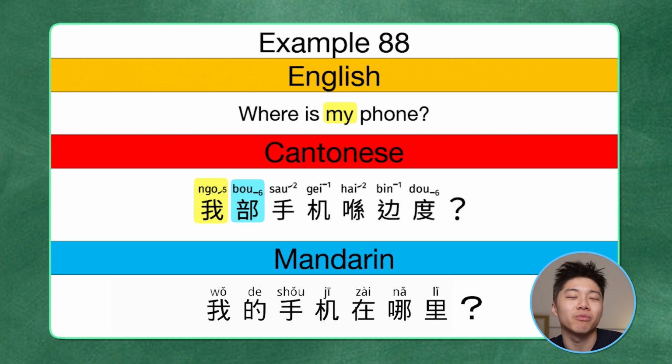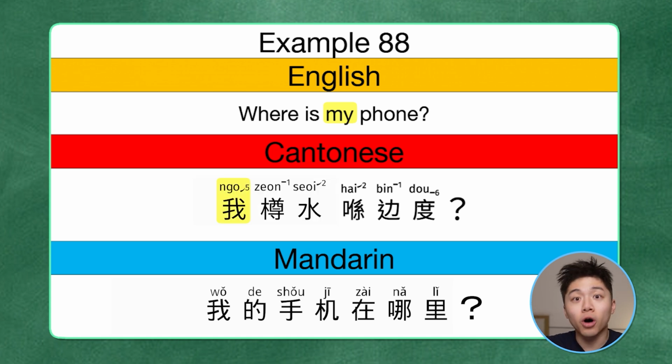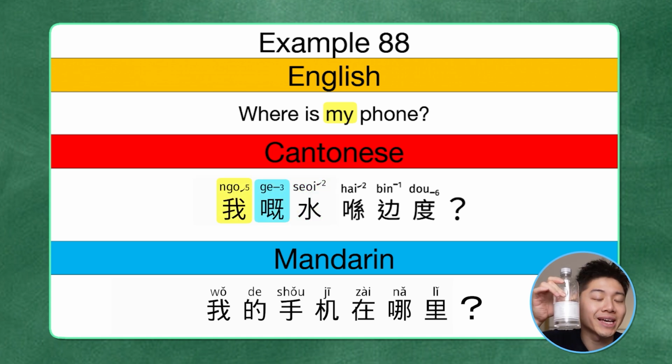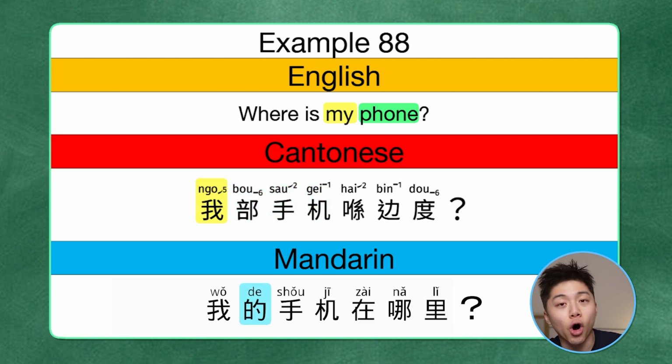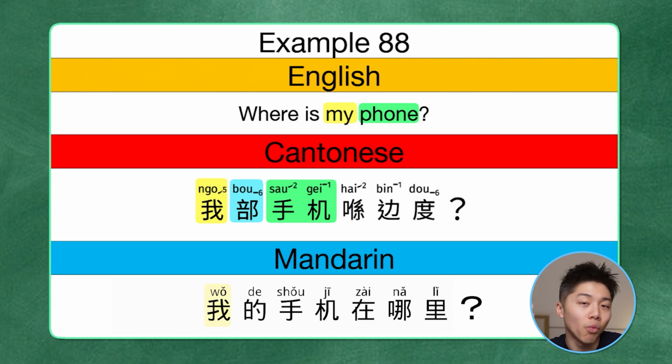But if there is a specific measure word for it, we normally use that. So 我樽水, not 我嘅水, my bottle of water. 我部手機, my phone. Now in Mandarin, we don't do that. We just use the 的 for everything. So 我部手機, in Mandarin, we still use 我的手機.